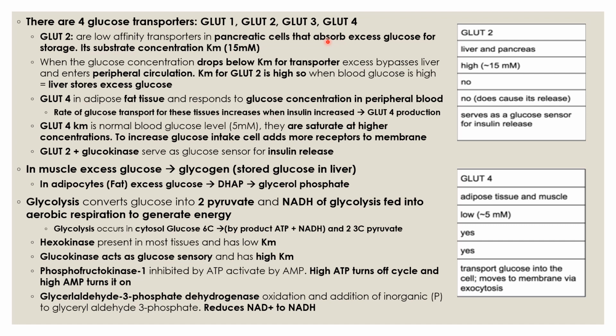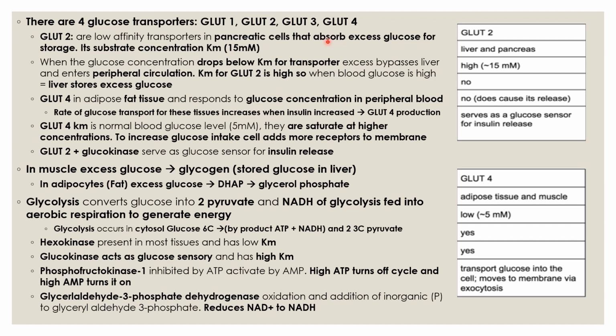So insulin is released in order to lower that. Because GLUT4 is in fat tissue and transports the glucose into cells, insulin triggers more of its production in order to lower the blood sugar levels.